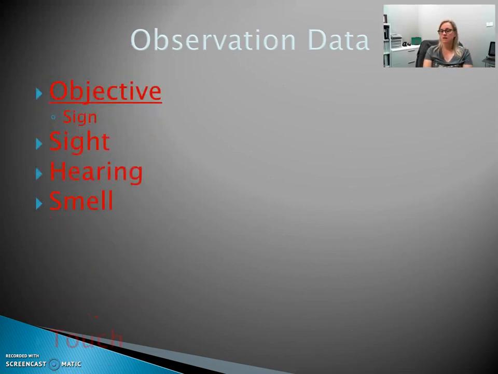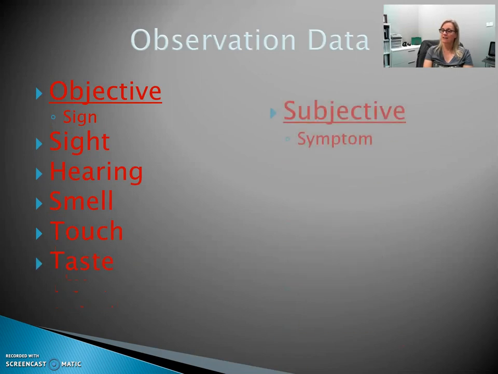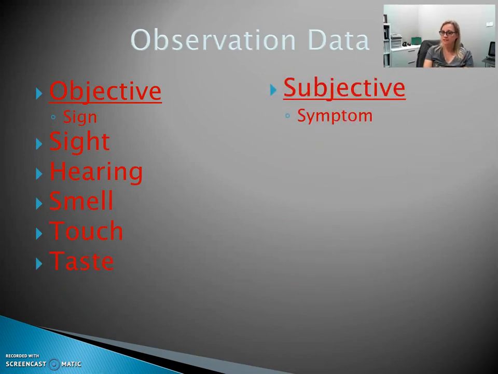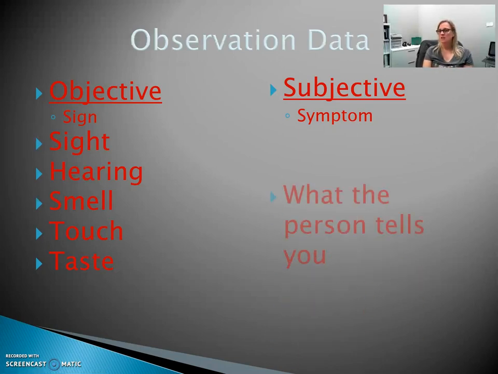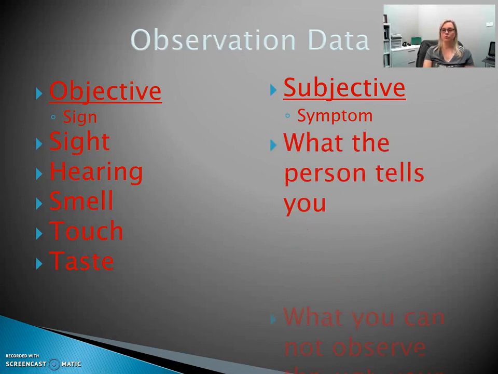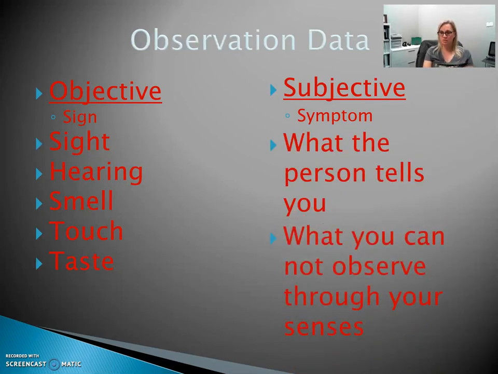Objective signs are things that you can objectively see and hear and touch and feel. Subjective is like a symptom. It's what they tell you. It's something that you cannot observe through any of your senses. So a blood pressure of 120/80 is an objective finding. They feel fine.